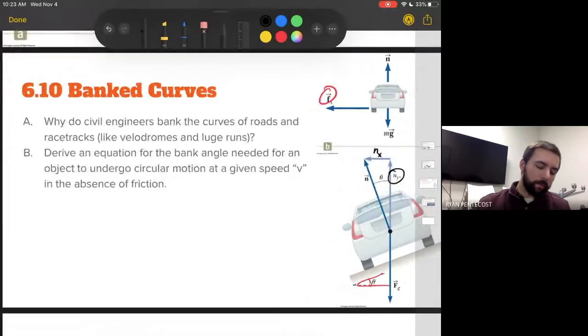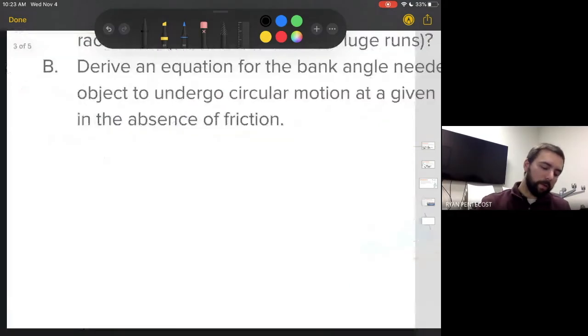Now, derive an equation for the bank angle needed for an object to undergo circular motion at a given speed v in the absence of friction. So we're basically going to recreate the free body diagram we have over to the right.